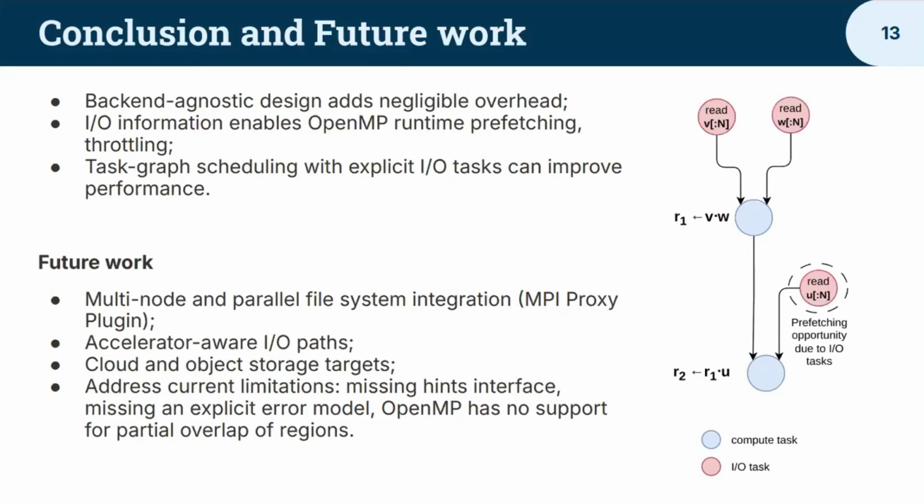For example, NVIDIA has GPUDirect, I think, where you can move data directly from the disk to the GPU memory without staging through the main memory. The runtime can do that automatically if it's aware of the characteristics of the accelerators and the I/O operations. We can go further and think about cloud and object storage endpoints and map that to our library.